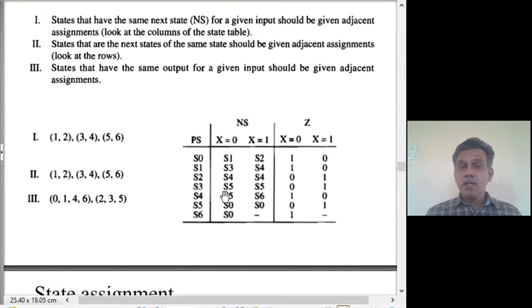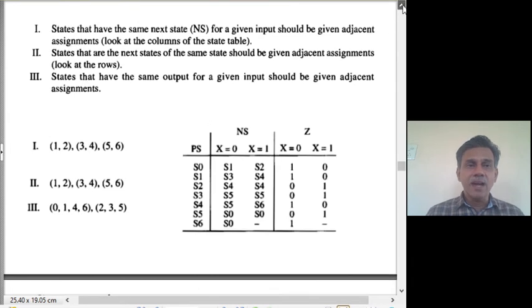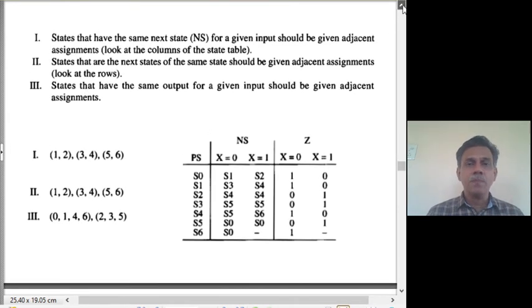Similarly, if we have different states which for a given input produce the same output, then it will be easy to generate those outputs, because if all those states have a very similar bit pattern, it is easy to synthesize the output. So these are the rationale behind these three guidelines. The guidelines we will look at one by one.